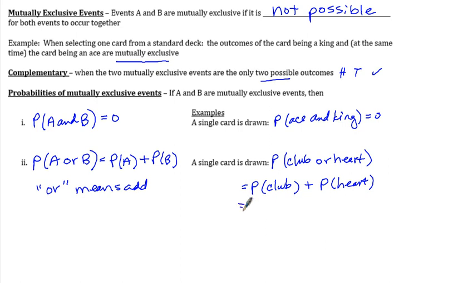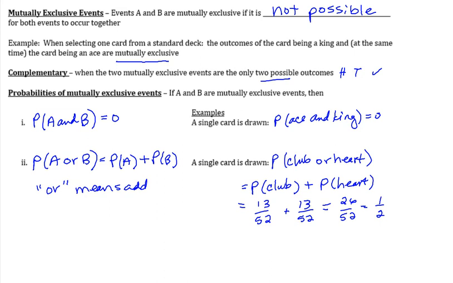What is the probability of pulling a club? Well, there are 13 cards in the deck that are clubs. What's the probability of pulling a heart? Well, there are 13 hearts in the deck. So the probability of pulling a club or a heart is 26 out of 52, which can be reduced down to 1 over 2. 1 out of 2, or 50%. Okay?